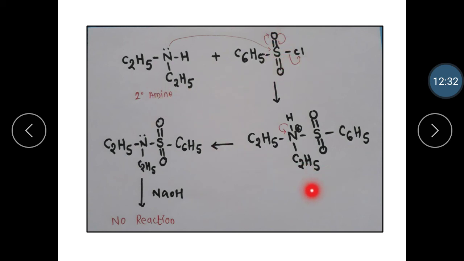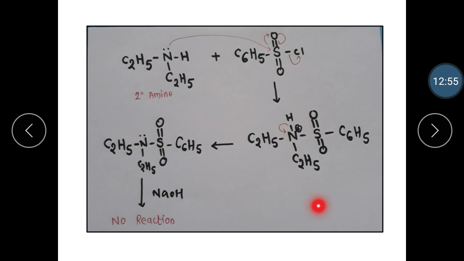Means the new structure is formed. A bond forms between this nitrogen and sulfur, and the new structure is (C2H5)2NH, and this whole unit is joined with this sulfur. Then this nitrogen is more electronegative, so it takes its electron from this hydrogen.